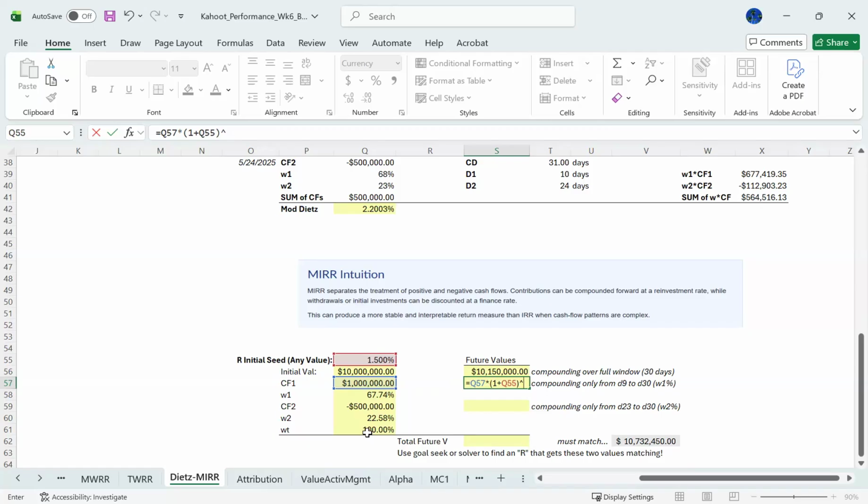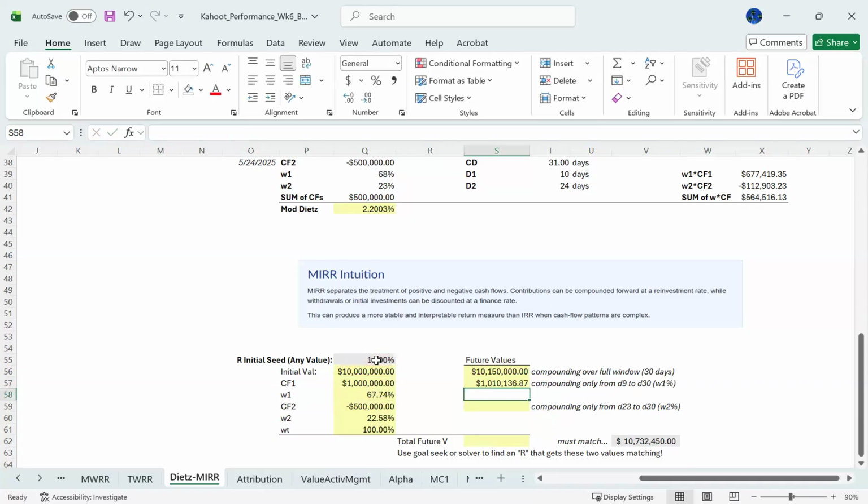In this case, it's less than 1, it's 0.6774. So it is going to raise the periodic rate, 1.5%, which in this case, I believe, is a month. So we are raising it to the power of only 67.74% of that month, not the entire month.